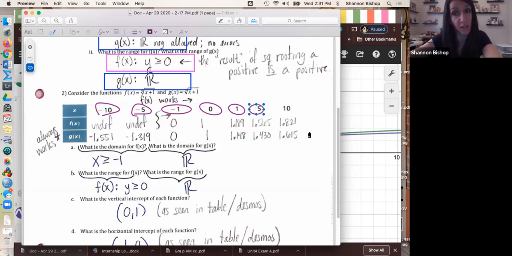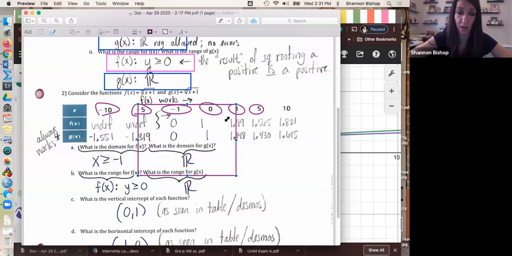And f of x seems to work everything from -1 and beyond. So the way that I've noted that in my notation is by saying everything to the right of -1, aka everything bigger, technically, than -1. Everything from -1 and beyond works.